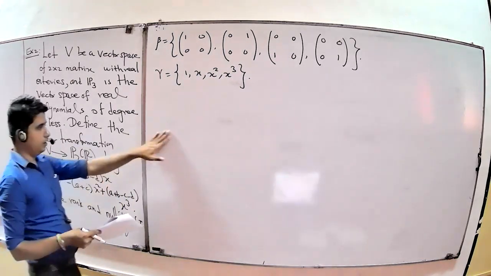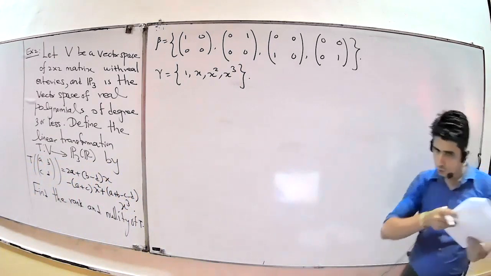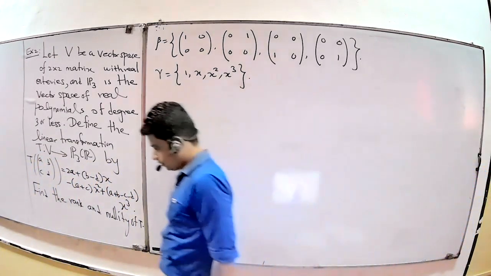First we want to find the representation matrix. That is your first claim.